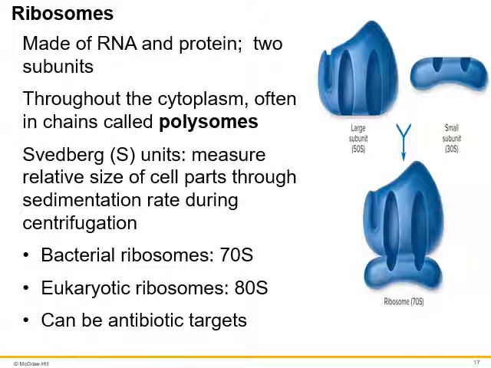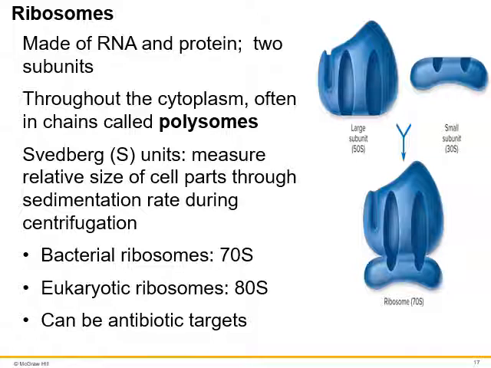The bacterial ribosomes are composed of a 50S subunit combined with a 30S subunit, and together they make a 70S ribosome. Now, that sounds like bad math, but they're actually measured in units called Svedberg units, which they determine by spinning the lysed cells in a centrifugal field so that the particles will go down, usually because of gravity.